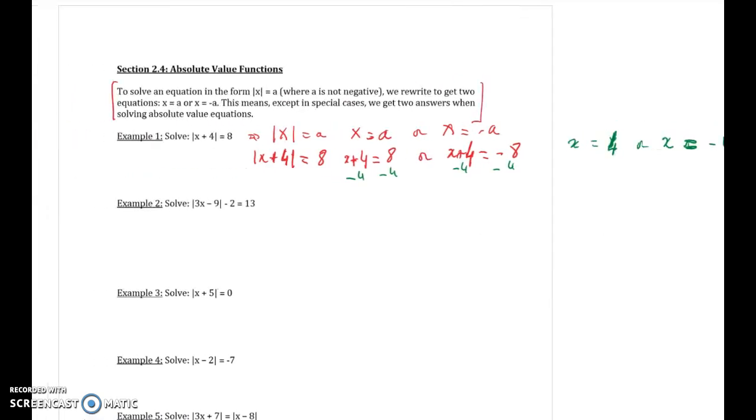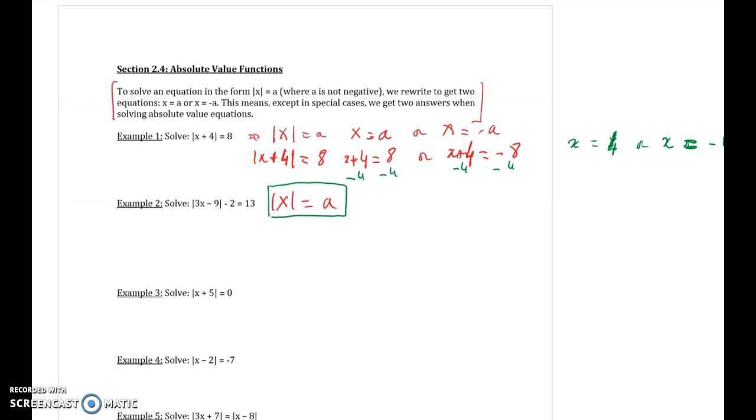Now let's take a look at example number 2. What do we have? We have the absolute value of 3x minus 9, minus 2, equal 13. You cannot use the relation yet, because the absolute value is not standing by itself.